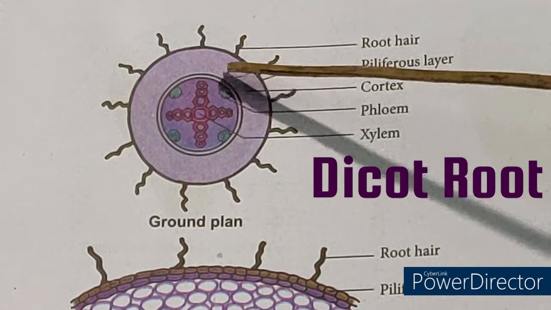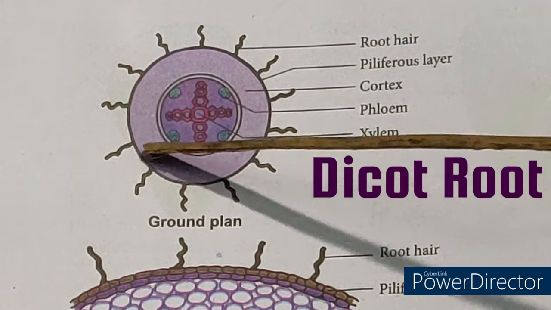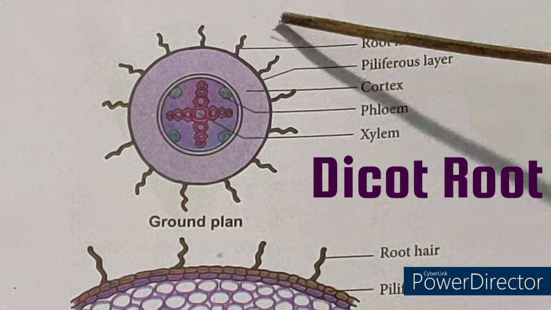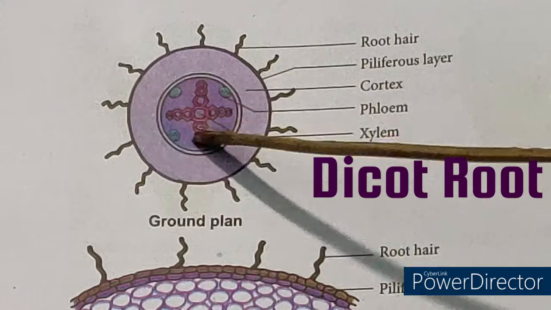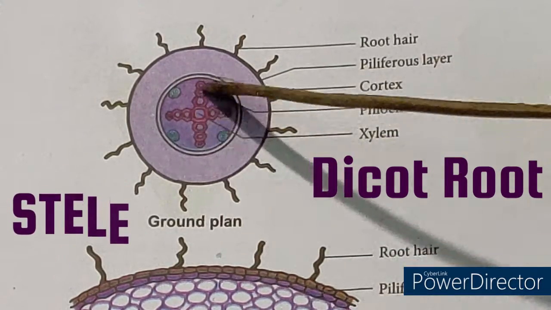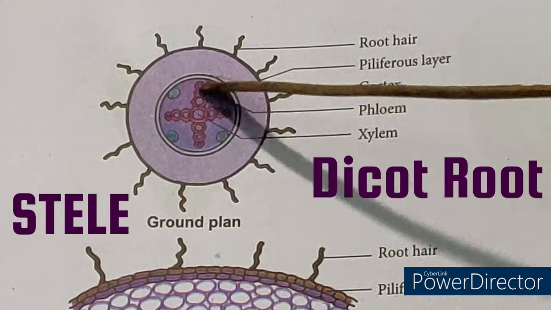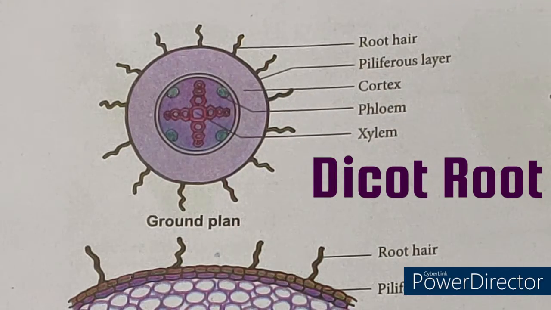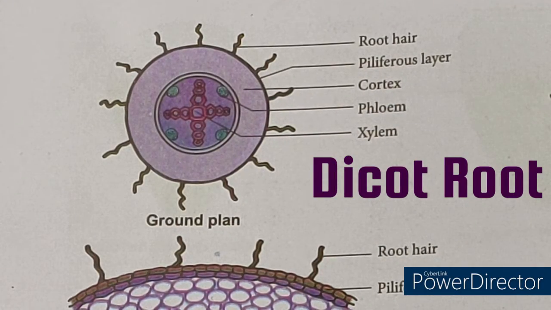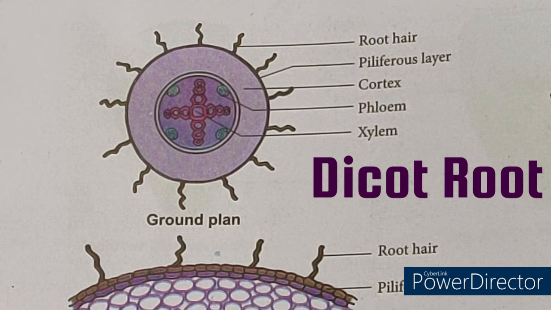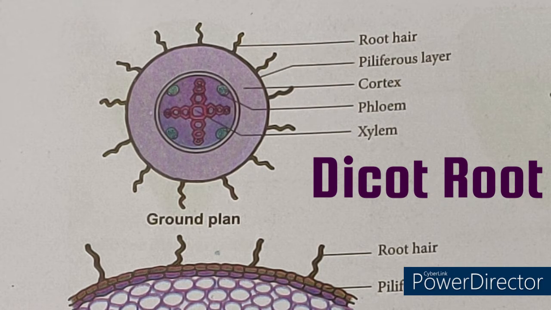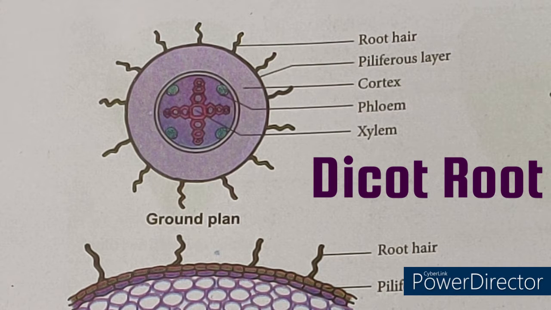In between epidermis and endodermis, you have a layer of cortex tissues, and finally the vascular bundle is known as stele, S-T-E-L-E. This stele comprises three important tissue systems, namely pericycle, vascular bundle, and pith. So this is the overall idea about dicot root.